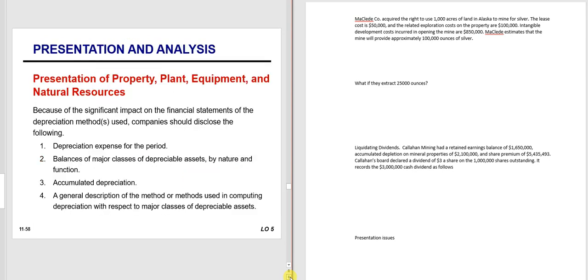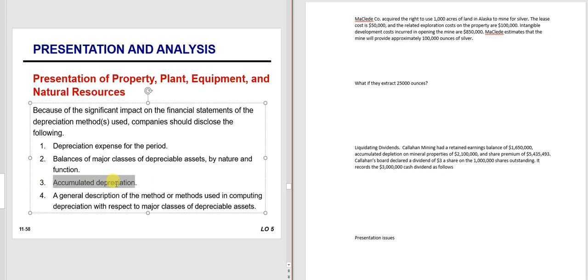Okay, so what do I have to present in the financial statements? I have to present the depreciation expense for the period. I have to show my major classes. If you pull up an annual report, that usually means land, furniture and fixtures, equipment, buildings, etc. So you might see 4 or 5 major classifications.